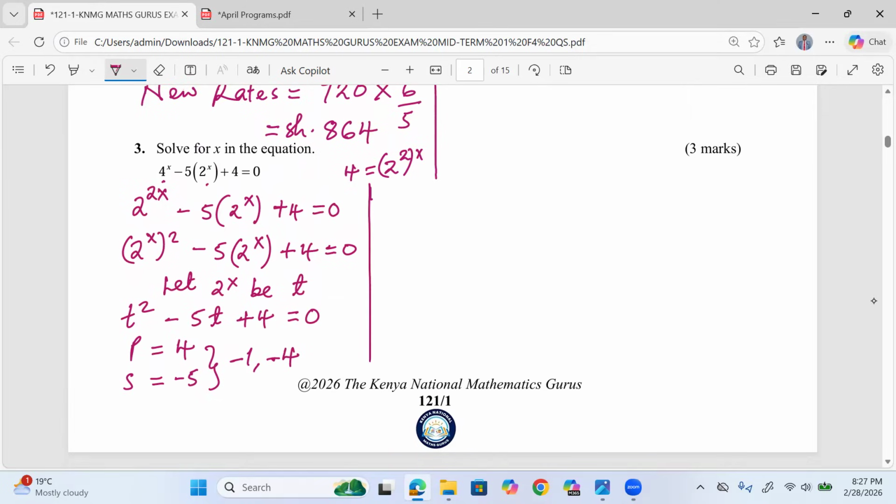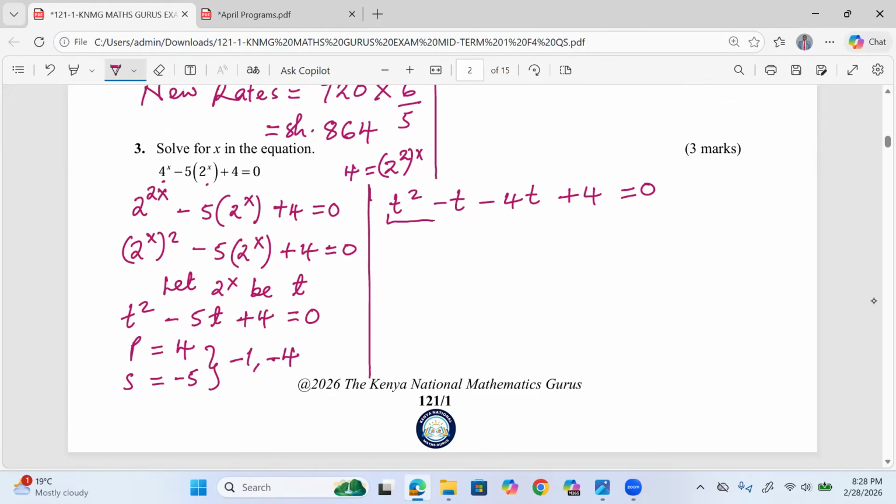So in the equation now, instead of negative 5t, we can have negative 1t and negative 4t. So t squared minus t minus 4t. So we have split the negative 5 into negative 1 and negative 4, then plus 4. This is equivalent to 0.